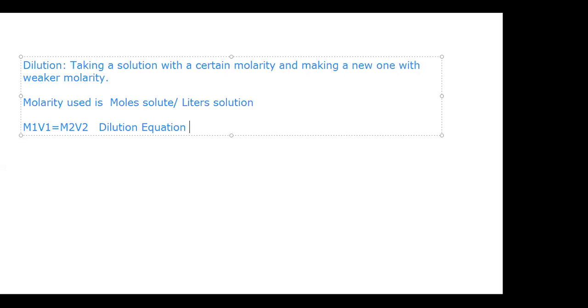When I read that, I know that what I'm taking is my stock solution, and it has a molarity, so my M1 is going to equal 2.00 moles of CaCl2. The nice thing about this equation is we don't need to switch anything.